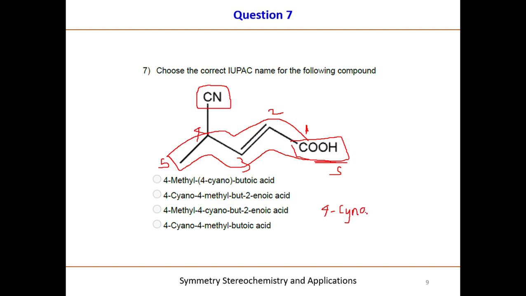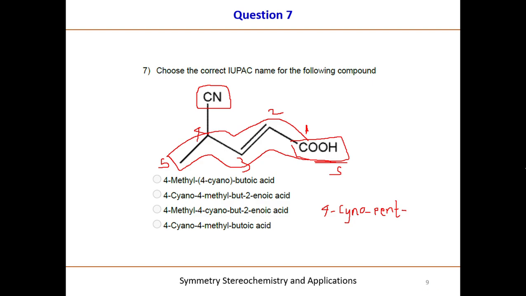Now we have to write the parent chain name. What is the parent chain name? 5 carbon atoms are there, that means it's pent. Now we have to see whether any double bond or triple bond is present.